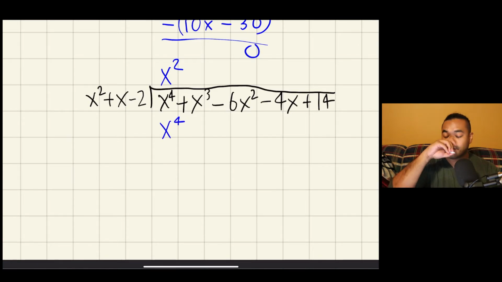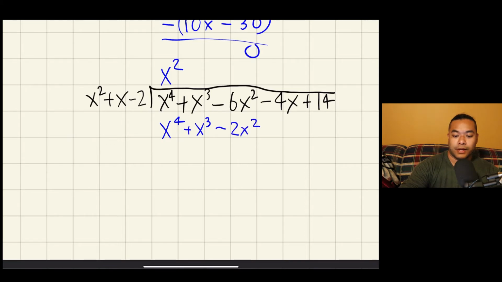X squared times x would give me x cubed, and x squared times minus 2 would give me minus 2x squared. So I subtract this whole thing, and these cancel, and negative 6x squared, minus minus becomes positive, so minus 6x squared plus 2x squared is minus 4x squared.